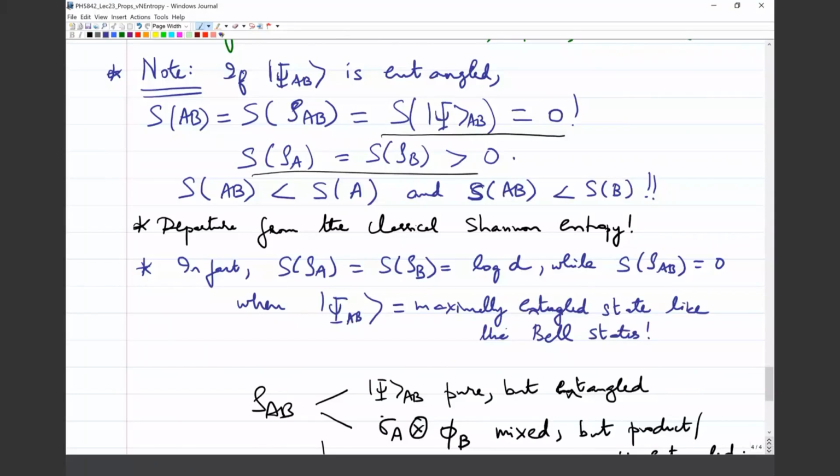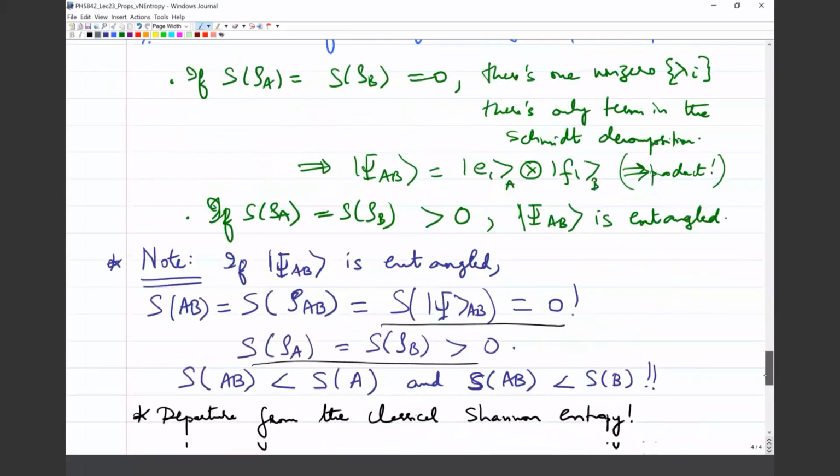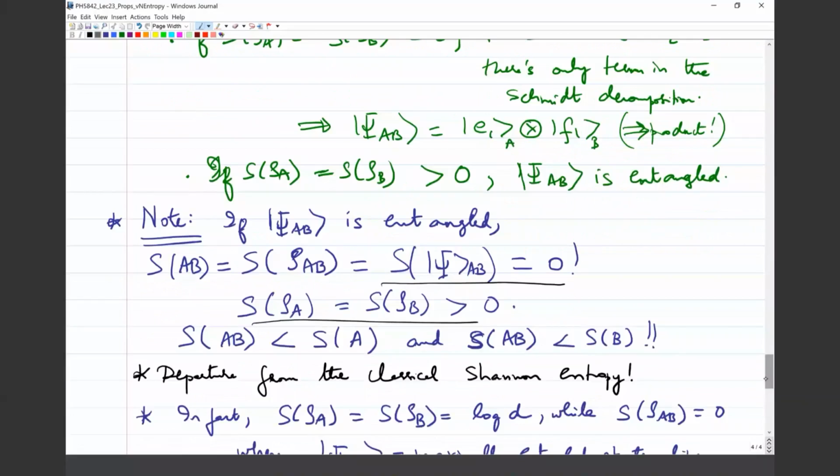Okay, so all of this basically follows from noting that the subsystem entropies are saying something about the mixedness of the local systems. The joint entropy is saying something about how mixed the joint state is, and it's possible that the joint state is actually pure, whereas the subsystem states are maximally mixed.